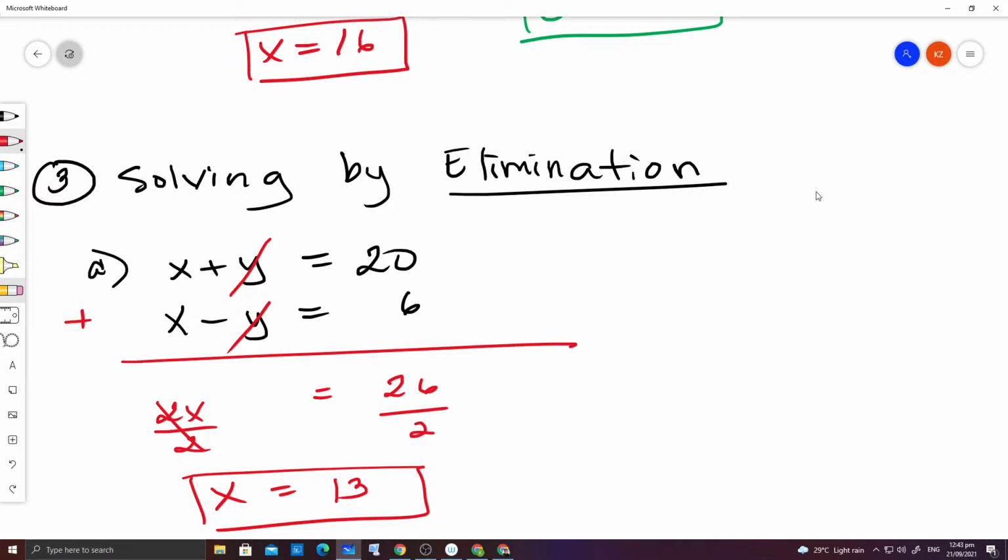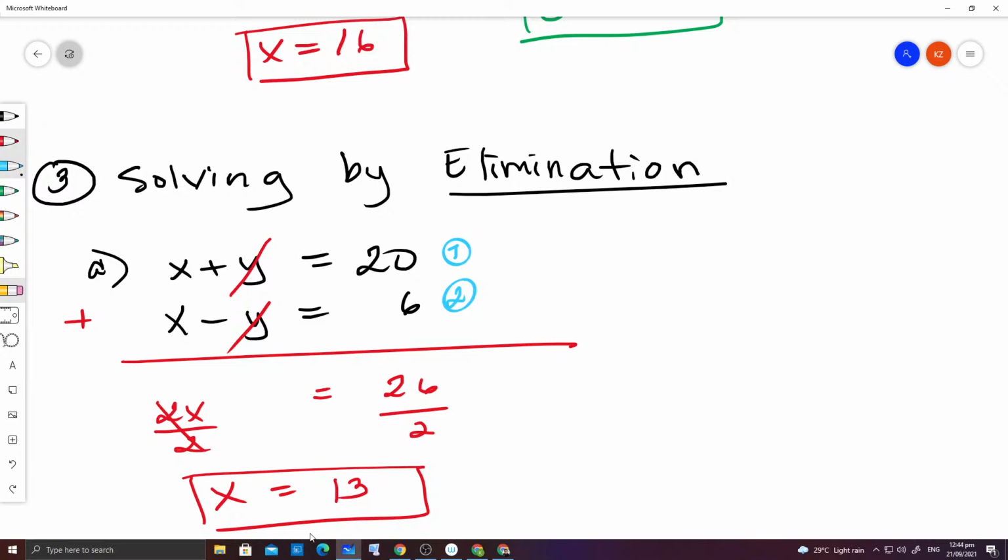Okay, you are going to add, solving by elimination. From the word elimination, we just eliminated y. Now, how are we going to find the value of y? You can choose between equation 1 and 2. You can choose either of these.